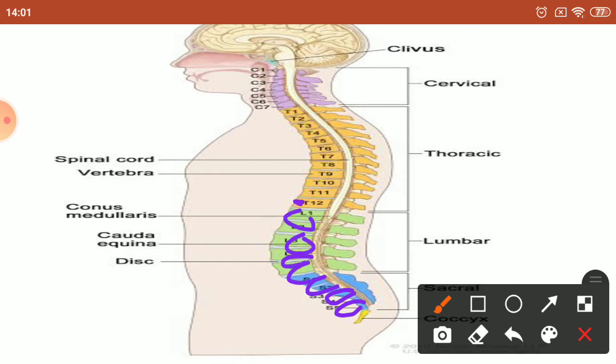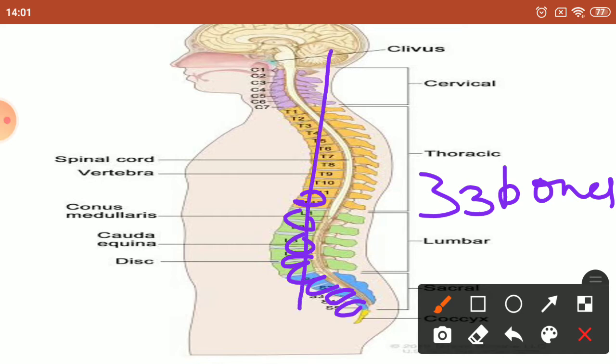How many bones are present? 33 small ring-like bones arranged in a straight column, which we call the vertebral column, or spine, or backbone.